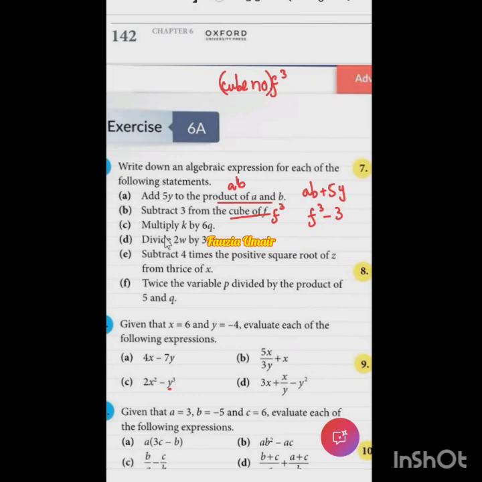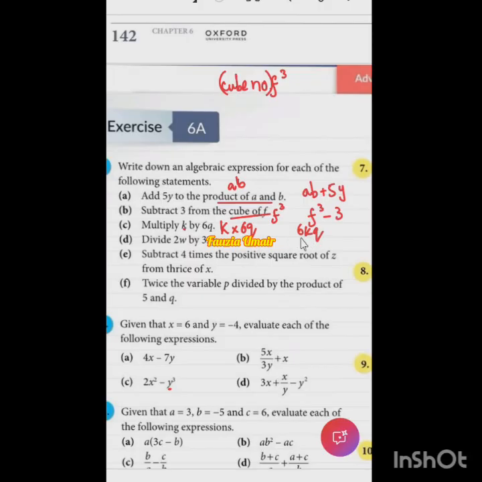Next is multiply k by 6q. But we don't write multiplication in algebra. So it's actually 6kq, right? Because the coefficient comes before the variables.